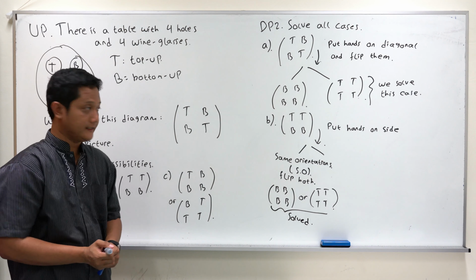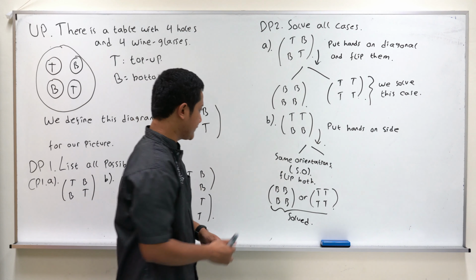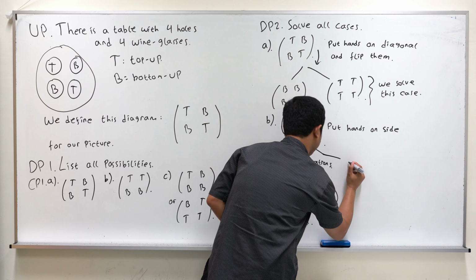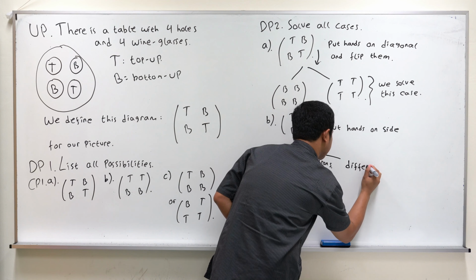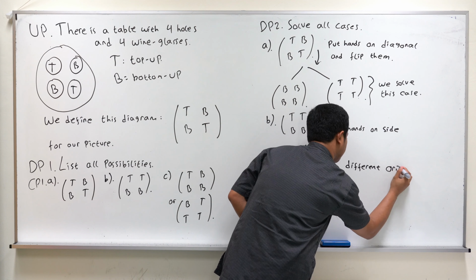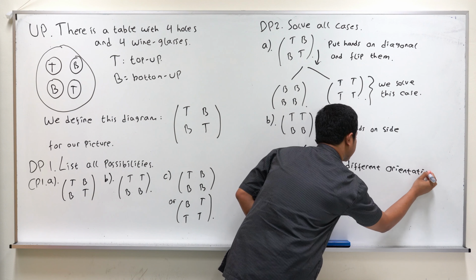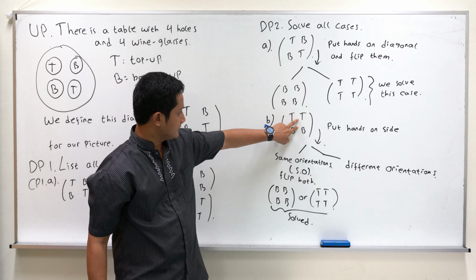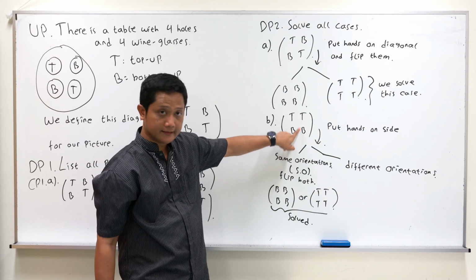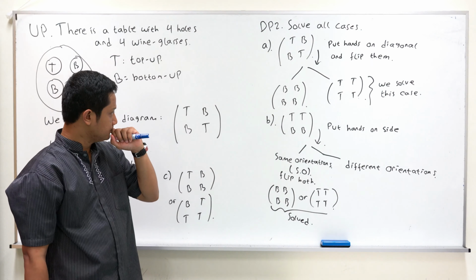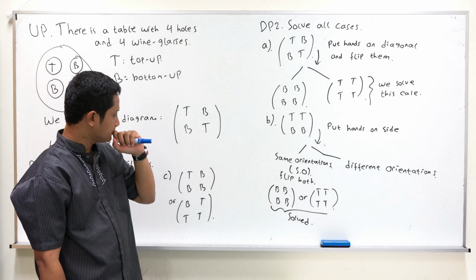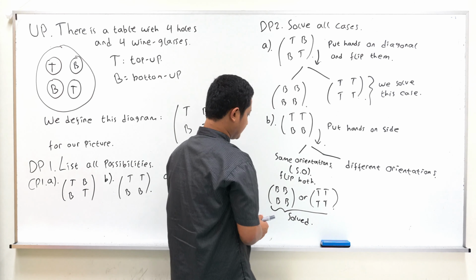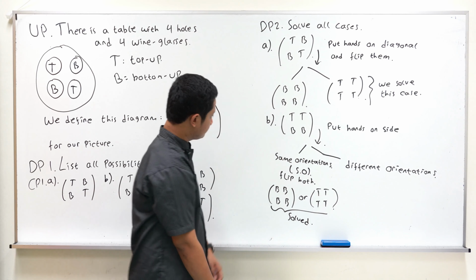Okay, so done. Solve. Okay, what happens if different orientations? So for the second case, if they have different orientations, which one is better? If I get, for example, here T and B, okay, try to flip both also. Is it good?